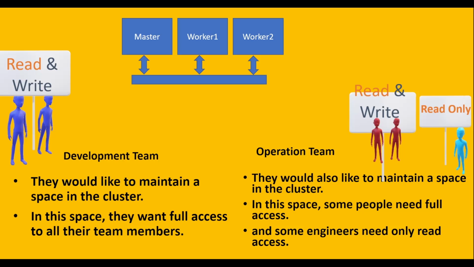Please bear in mind that the deployment team must not see the resources of the operation team, and the operation team must not see the resources of the development team, as both teams are different. This can be achieved by partitioning the Kubernetes cluster into two namespaces, but the problem here is that if a team needs to work on multiple namespaces, for this reason it would be good to use RBAC.